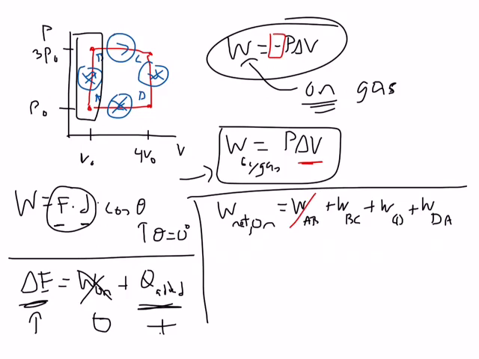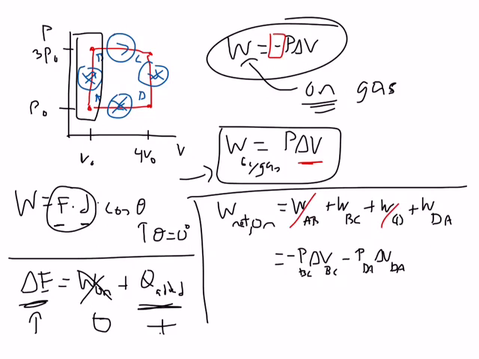From C to D, no work is done. From B to C, we do positive work by the gas or negative work on the gas, and same thing with D to A. So I should give these subscripts, right? This is the pressure at BC and the delta V BC. So this is minus P DA delta V DA.